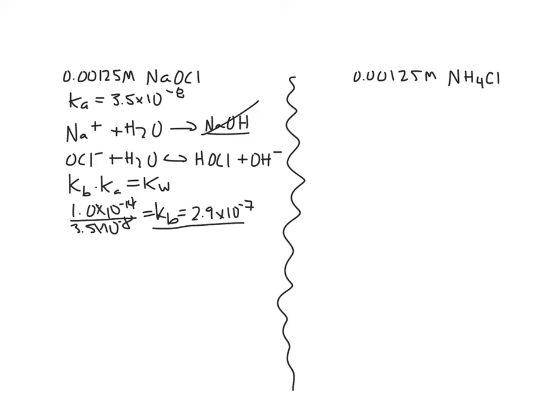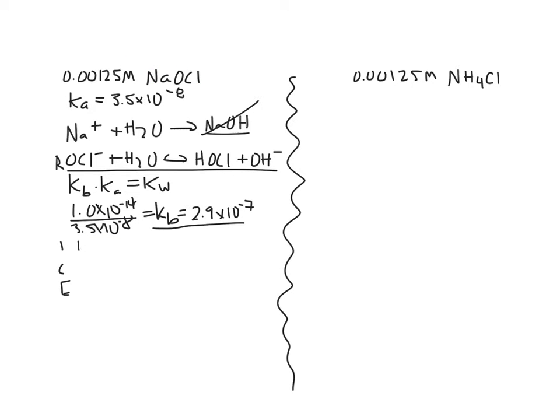So I'm going to rewrite this equation right here, or actually maybe if this is my R, I'll just write my I, C, and E here. So my initial concentration of my OCl-, well, basically when we're talking about a salt, we know that the entire thing dissociates. Sodium ions are incredibly soluble, so if we know the concentration of our salt, we know the concentration of each one of our ions since it's soluble.